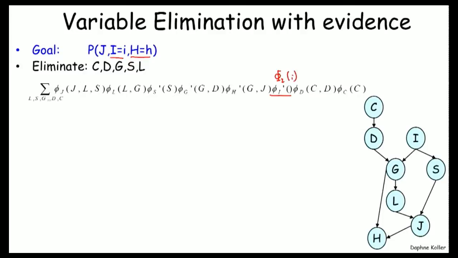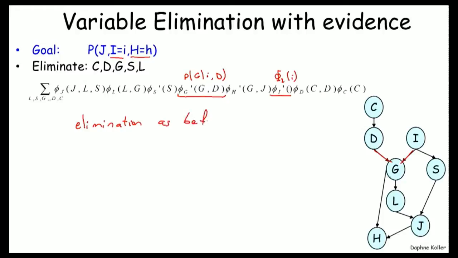And whereas, for example, G depended on D and I, as we can see in the original diagram, here phi G in the reduced factor doesn't depend on I and is really probability of G given little i and D. And the same reduction occurs for H equals little h, and so we end up with the following set of reduced factors. And now once we have that set of reduced factors, we do elimination exactly as before.